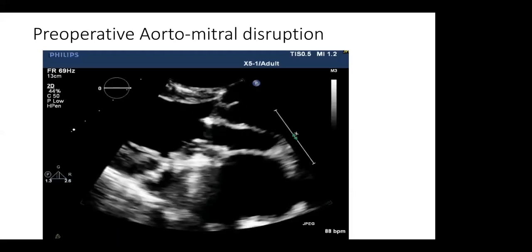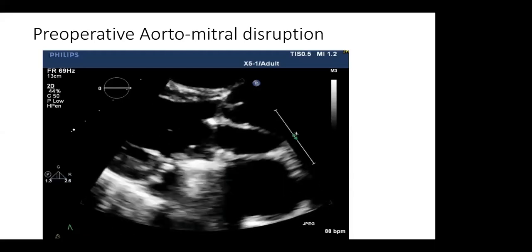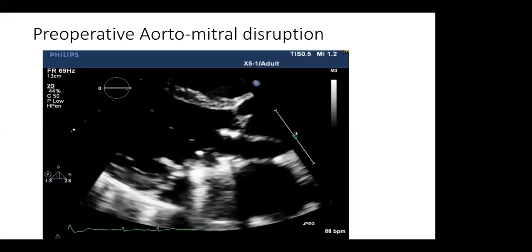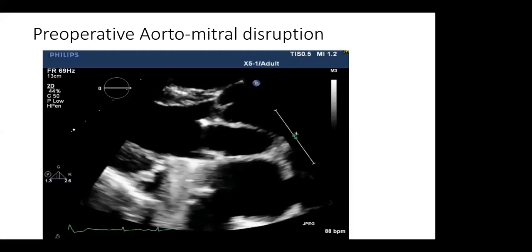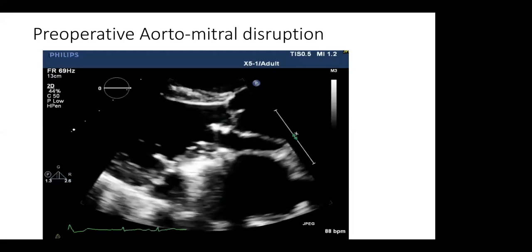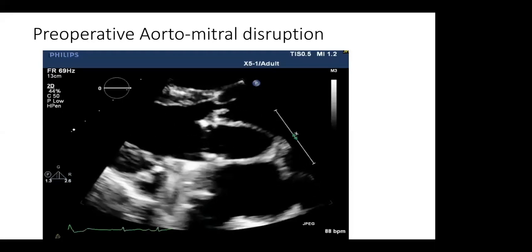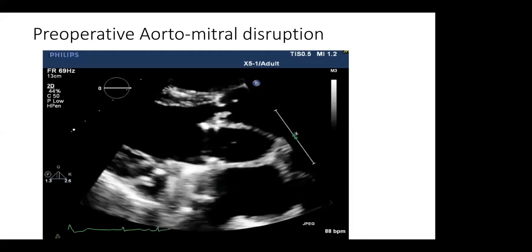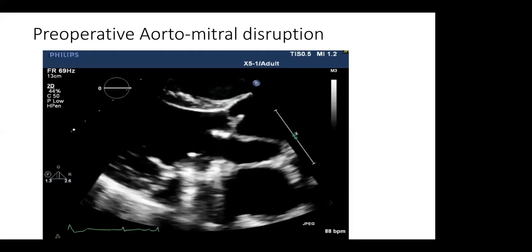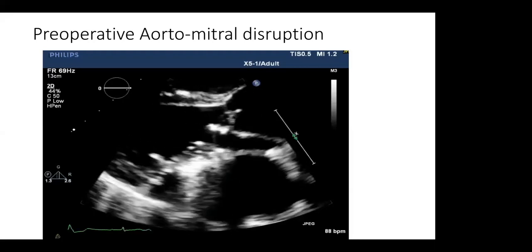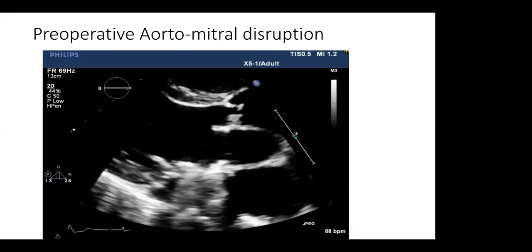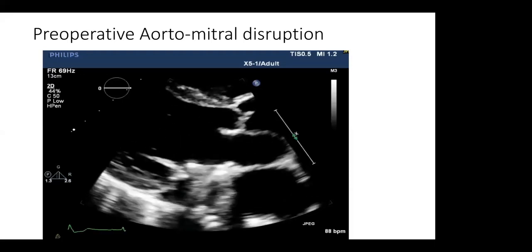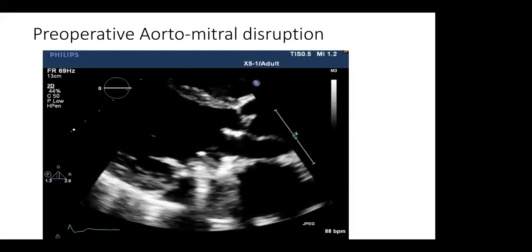And there is discontinuation between the aortic valve and the mitral with a large cavitation. The aortic valve, I cannot judge, I need color or flow, but it seems there is no vegetation on it. And her ejection fraction, I need another view to be sure, but it's around 40-45.